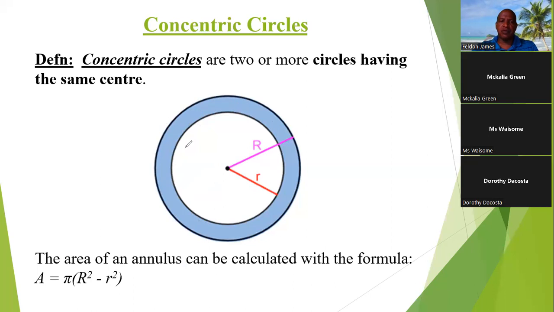And so for the area of the blue section, you find the area of the outer circle, and then you subtract the area of the inner circle from the bigger circle, and then you will get the area of the blue section. But to write that formula in a shorthand way, it is pi, the radius of the outer circle squared minus the radius of the inner circle squared. All right, and so that will give you the shaded region in blue.